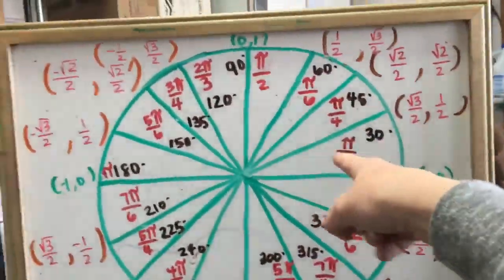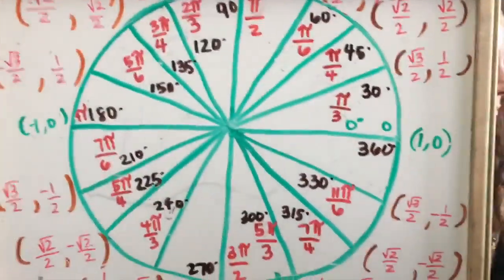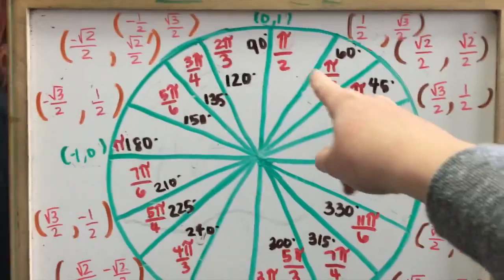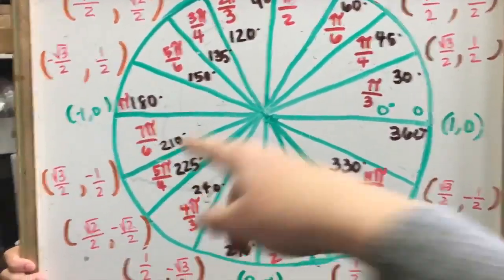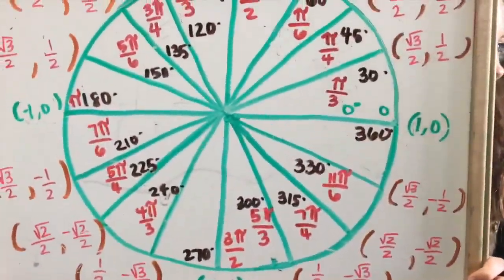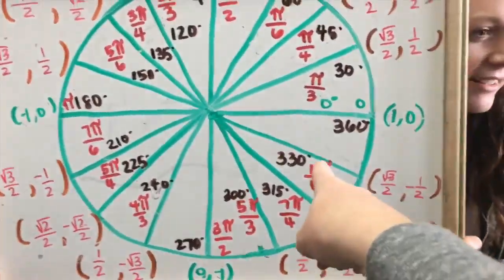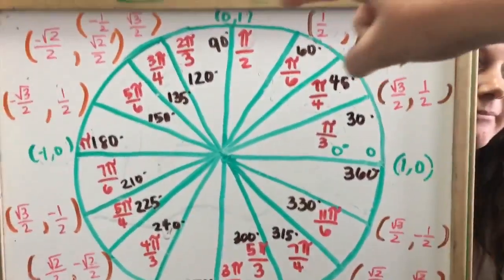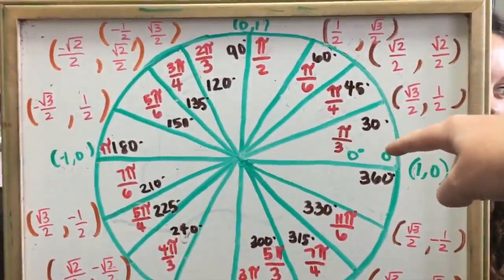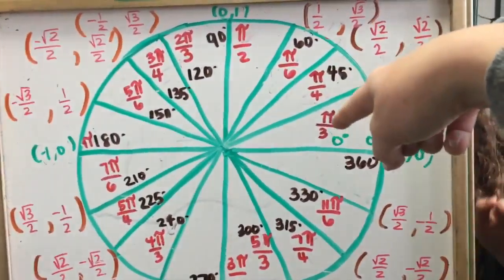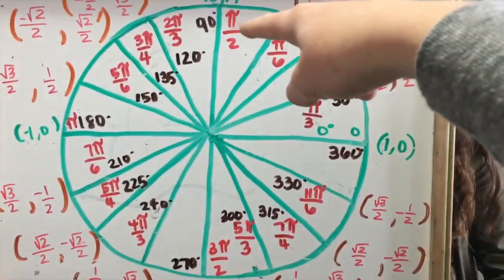I'm explaining the pies. So basically there's a pattern with the denominator, so it's 3, 4, 6, 3, 4, 6, 3, 4, 6. So then this first half of the circle, it's all pi on top, so it'll be pi over 3, pi over 4, pi over 6, and pi over 2.